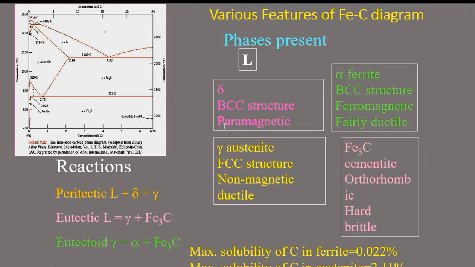Then delta is a BCC structure we call paramagnetic, right? Then alpha ferrite is a BCC structure, it is called ferromagnetic. Normally it is the ductile one, right? Ductile and brittle, you know the difference. A metal we normally call ductile, right? But at some stages, with differences of temperature and chemical composition, they convert into brittle, right?